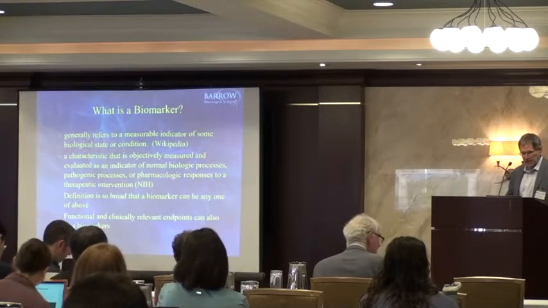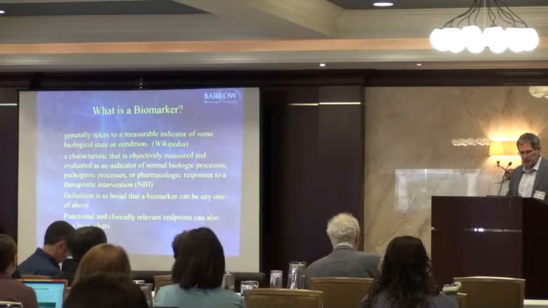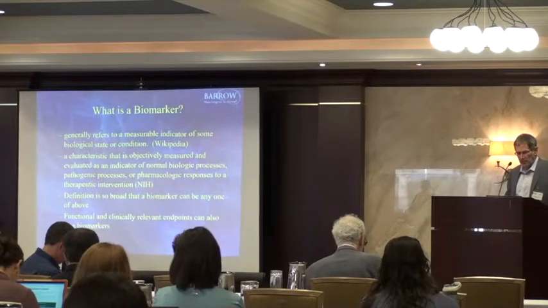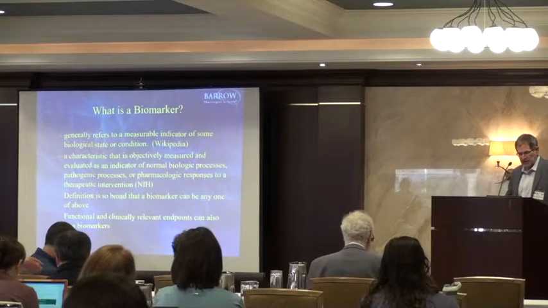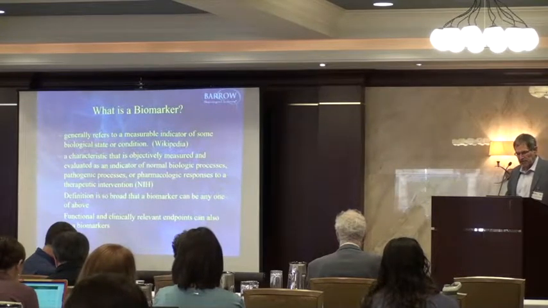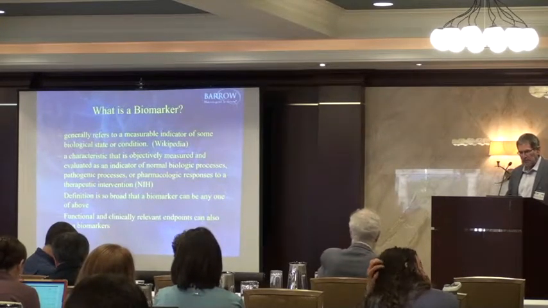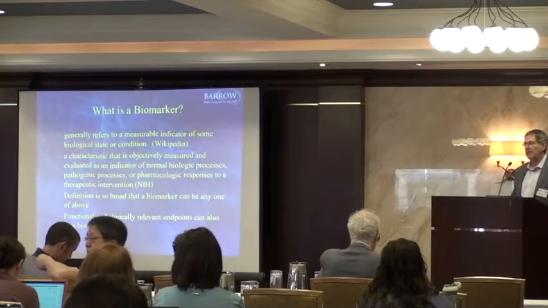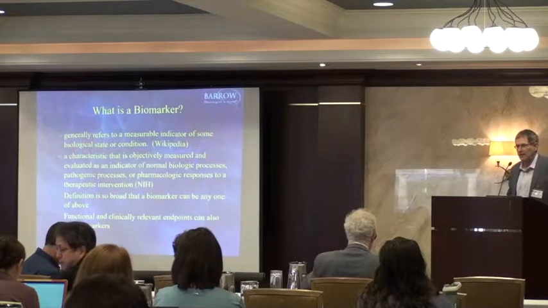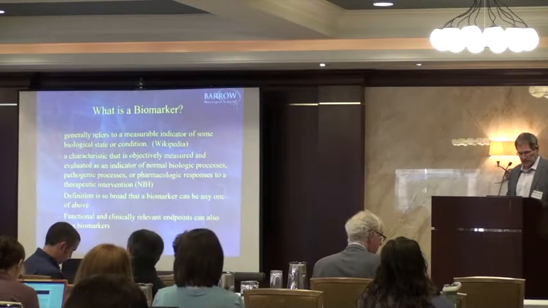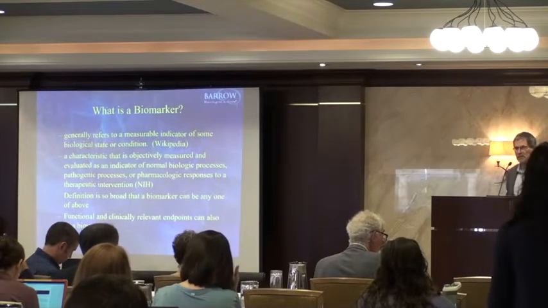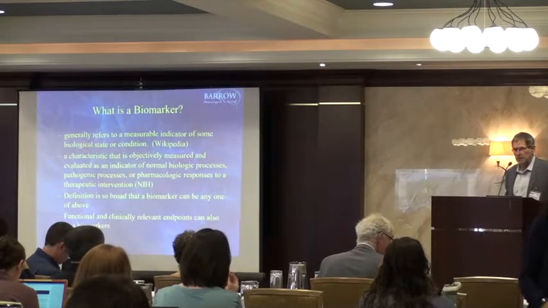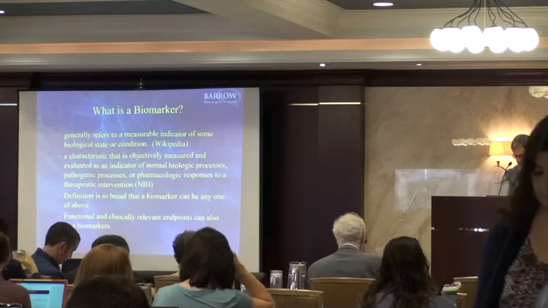And the NIH definition is that it's an objectively measured and evaluated outcome that serves as an indicator of normal biological processes, pathogenic processes, pharmacologic responses, target engagement, or therapeutic intervention. So biomarker covers about anything that we record in the context of a clinical trial, including all of the endpoints that form the basis of phase 3 trials, which are clinically relevant endpoints, which I'll talk about a little bit later.